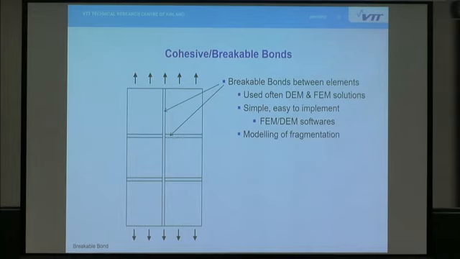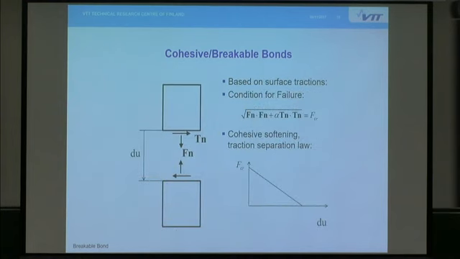You can use it in DEM, FEM, maybe somewhere else. In this approach we consider surface tractions between two elements, and then we can formulate a condition for when the failure starts, and usually we apply a traction separation law as a function of distance to model softening, so that the bond is not breaking suddenly, but smoothly goes to zero.